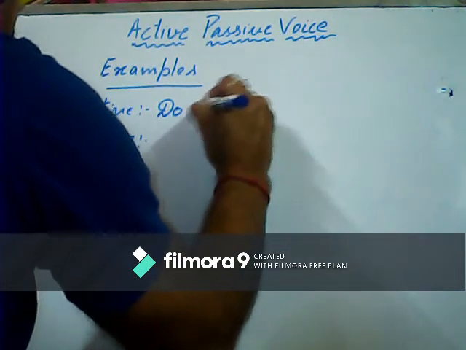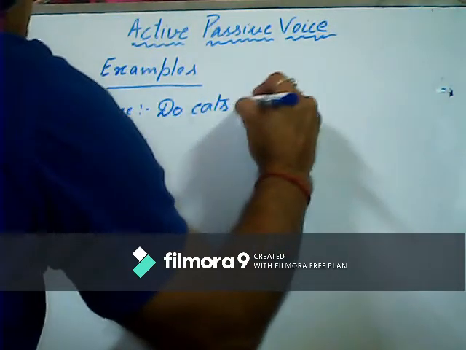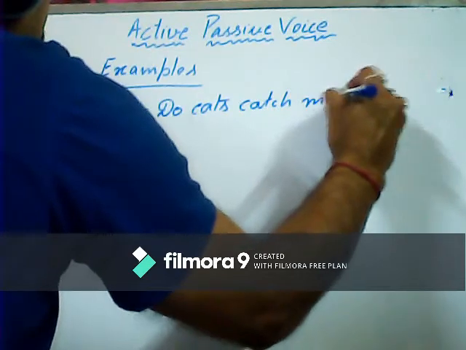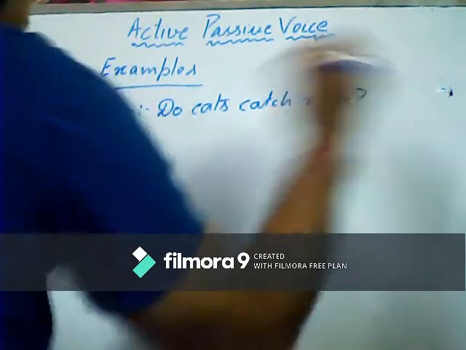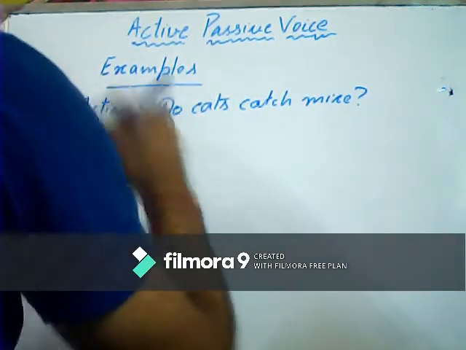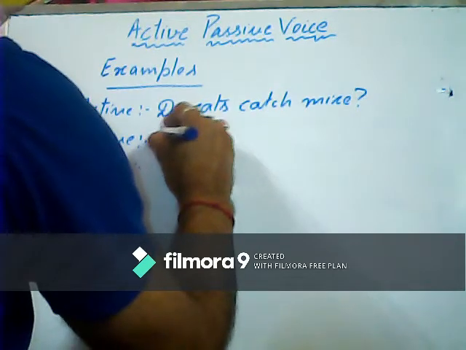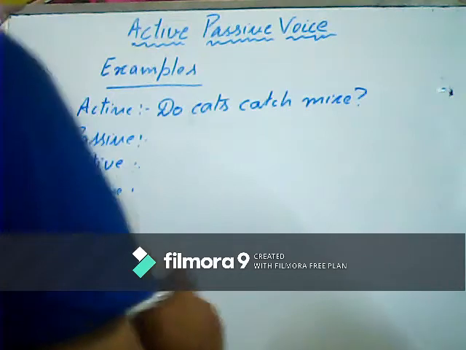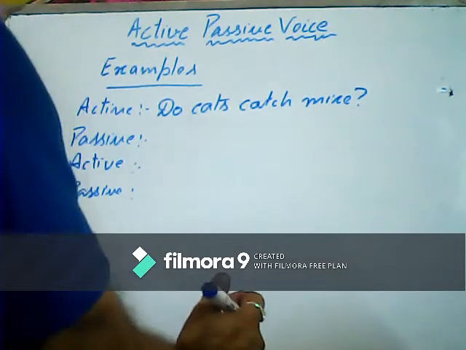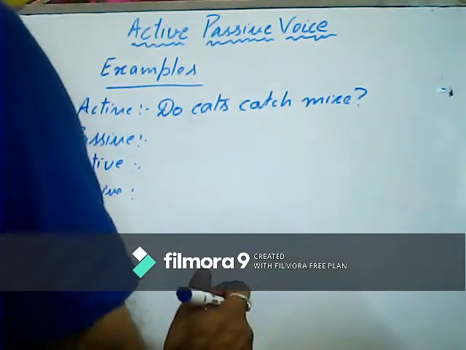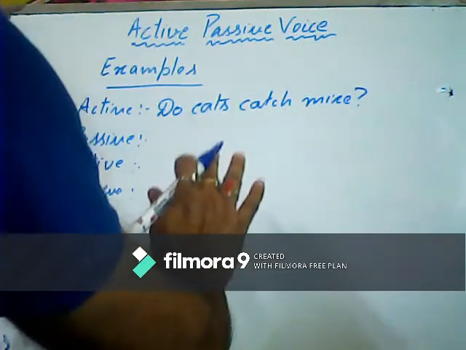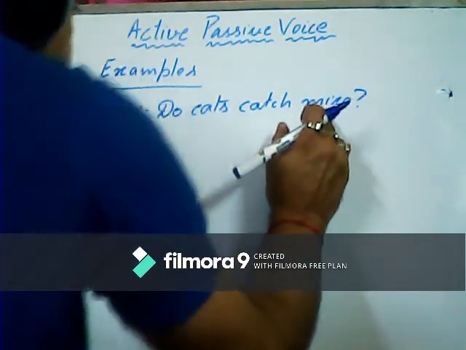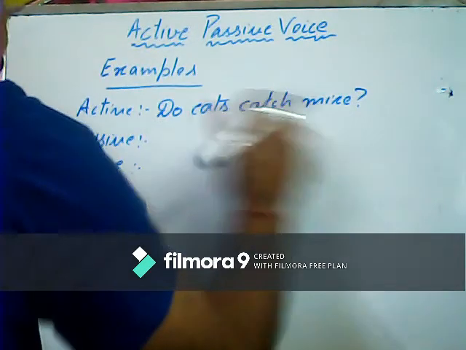Mice will become the subject, but because it is interrogative, we will keep it in interrogative form. We will not change it. So for mice, because it is plural form, we'll use are.